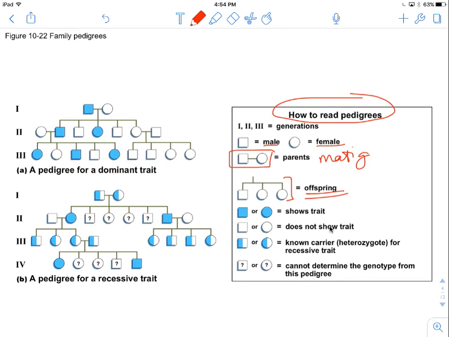Colored in all the way is affected with the trait. Clear is unaffected or normal. Halfway is a carrier, a heterozygote. And if there's a question mark, it means you can't determine the genotype from the pedigree. So here is a male and a female that have mated, and they've had these offspring.